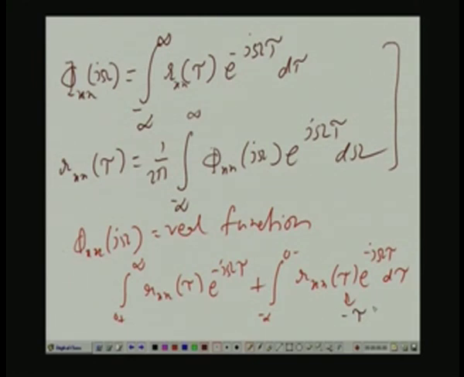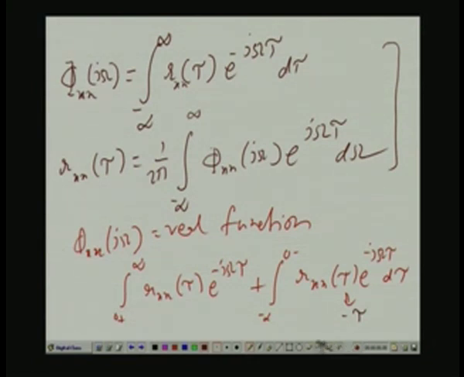That means the integral limits will be from plus infinity to 0, since when tau is minus infinity, minus tau is plus infinity. D tau will be minus d tau now, so there will be a minus sign outside the integral. So minus and the integral from plus infinity to 0 can be combined, so that minus becomes plus and the integral from infinity to 0 becomes 0 to infinity. So both the integrals then have limits from 0 plus to infinity. Only problem is you get r x x minus tau and e to the power plus j omega tau.